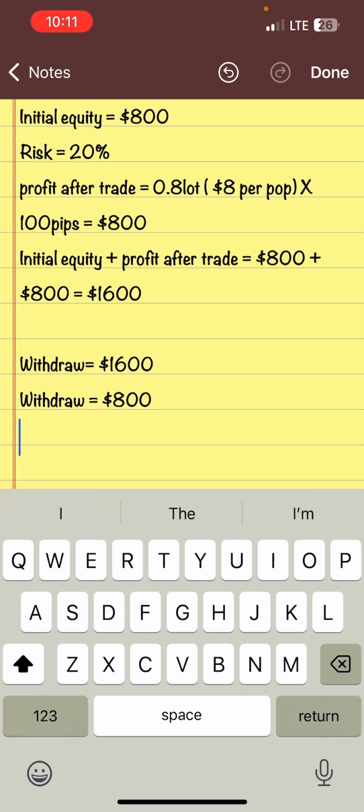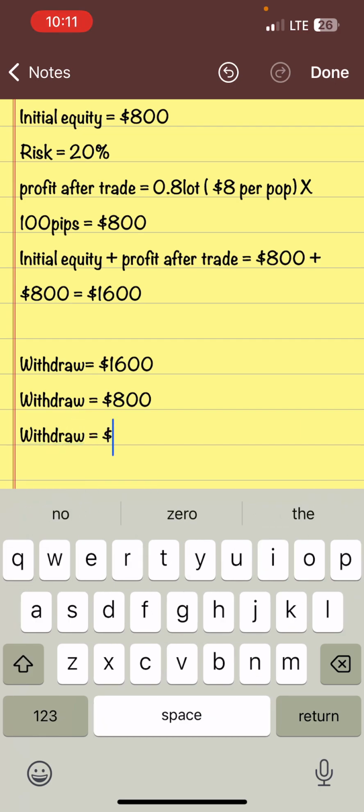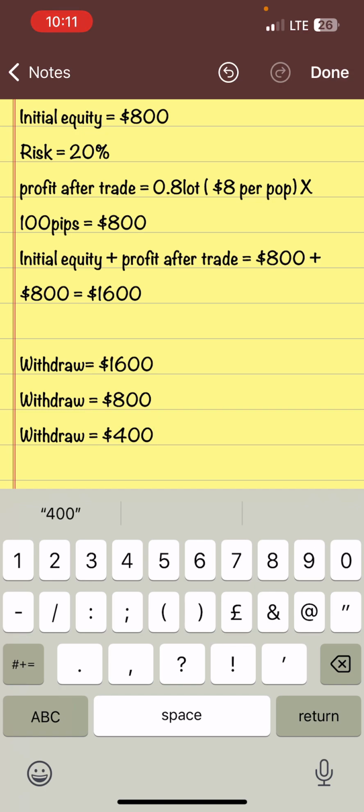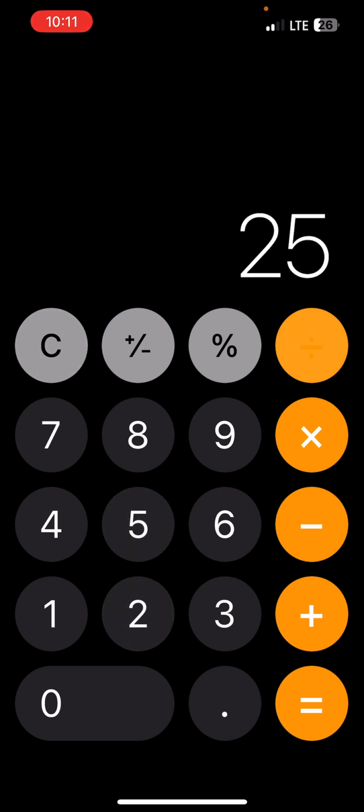Assuming now at the end of the week you grab 25 pips, right? 25 pips at the end of the week. So your withdrawal will be $400 because half of 50 is 25, right? So now half of 25, divided by 2.